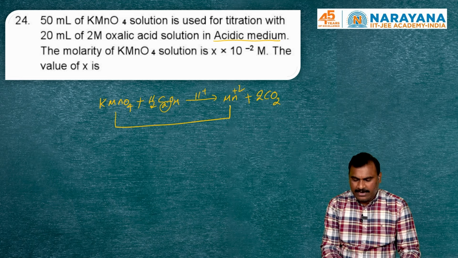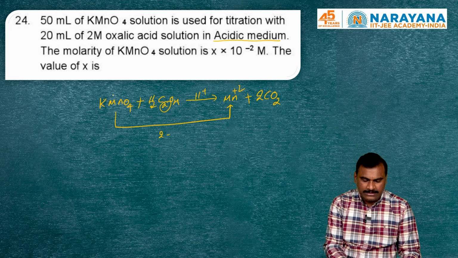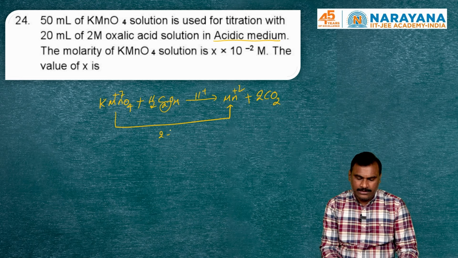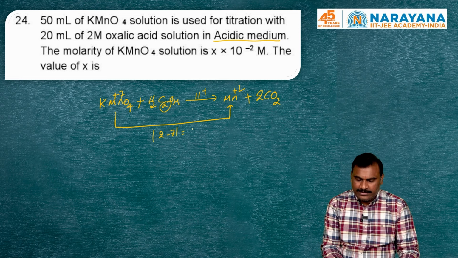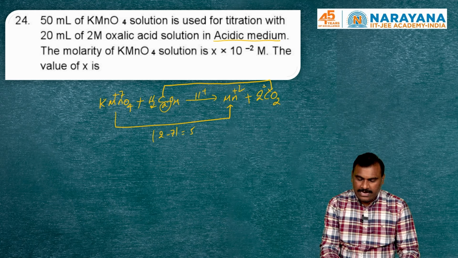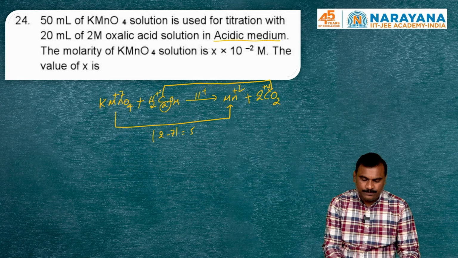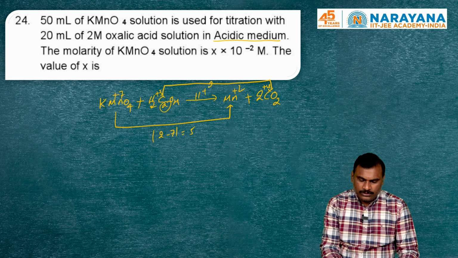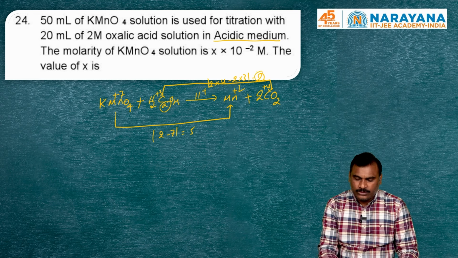The change in electrons: charge on manganese is 7, going to 2, so n factor is 5. Each carbon is plus 3 in oxalic acid and plus 4 in CO2. Therefore 2 into 4 minus 2 into 3, overall change is 2, n factor is 2.